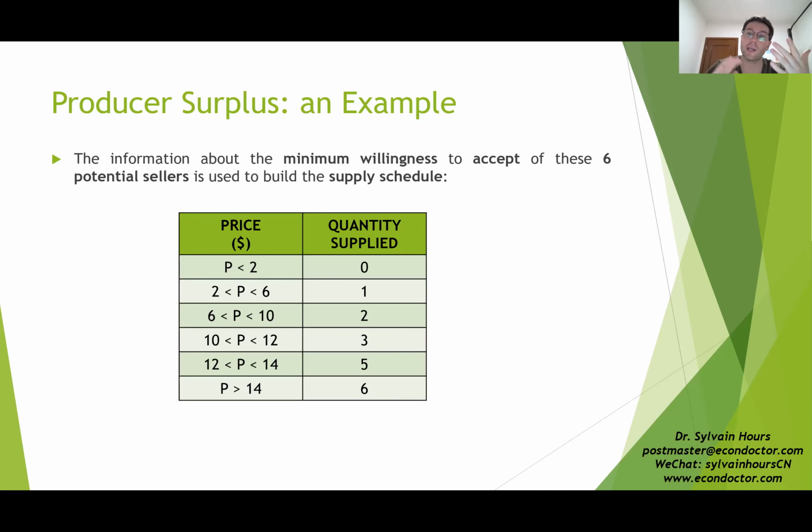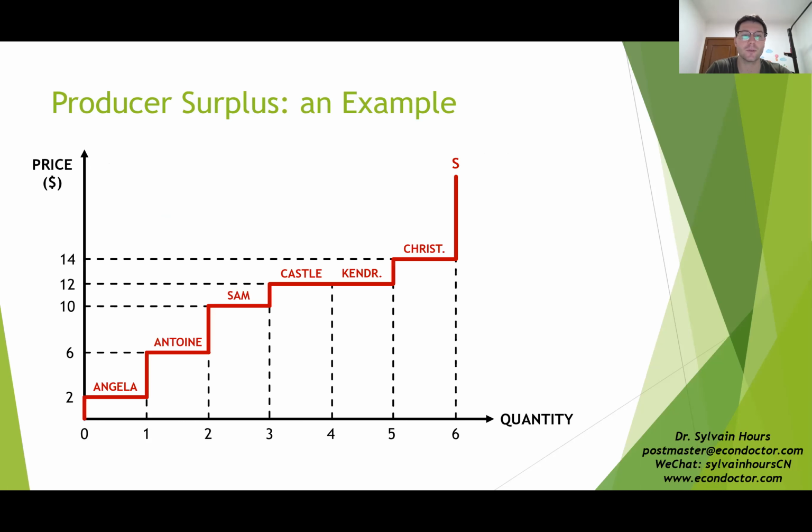For any given price range, I can determine what will be the quantity supplied. Okay, just like before. And using this supply schedule, I can construct my supply curve. So again, it has this staircase shape because the quantity can only be 1, 2, 3, 4, 5. It is not continuous. Okay, good. So that's the supply curve.